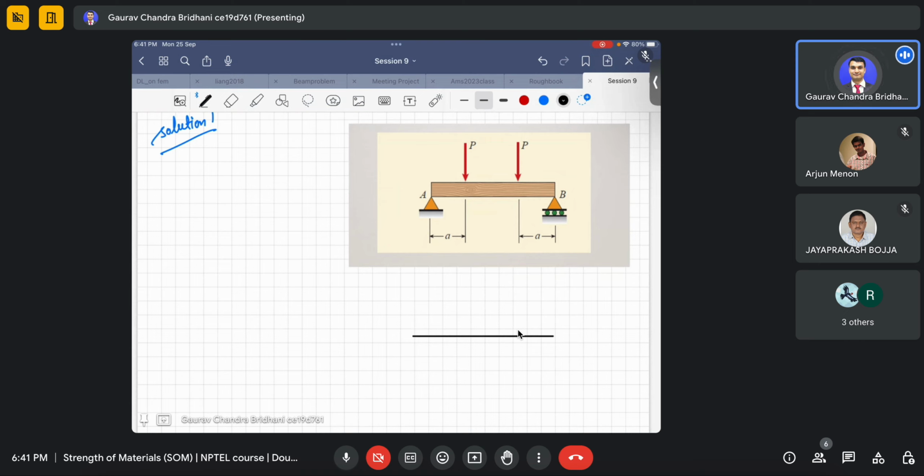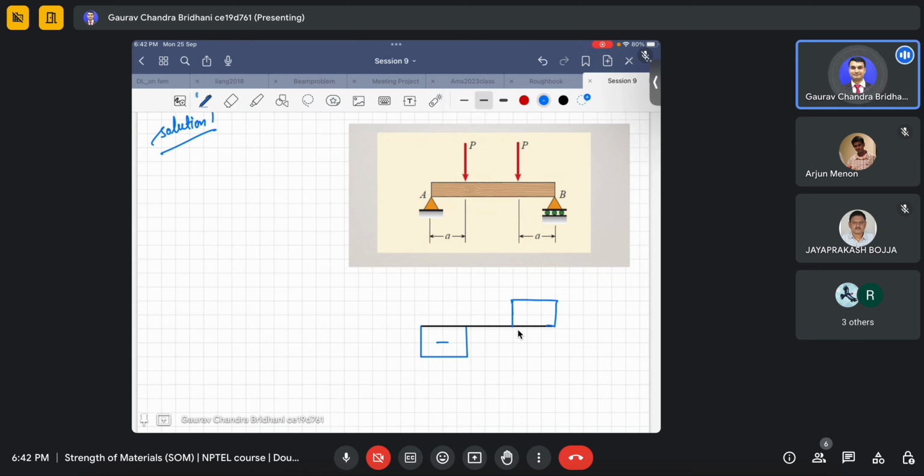First I will draw the shear force. In this case the reactions will be the same, P and P. The variation of the shear force will be something like this. First it will be negative till the first load, then it will be 0, and then it will increase to this, and this will become again like this.